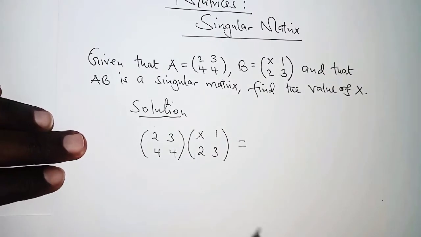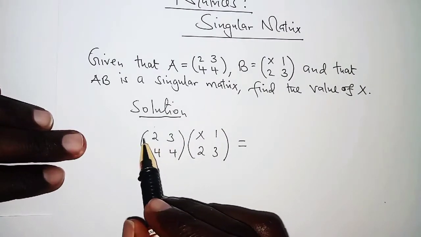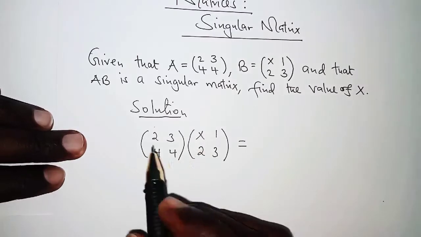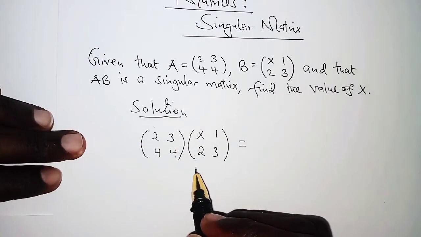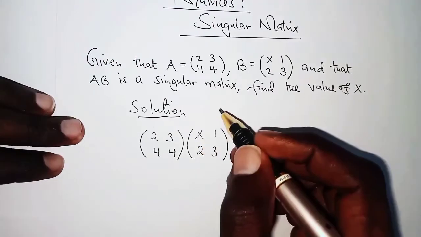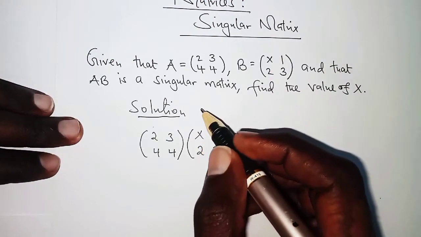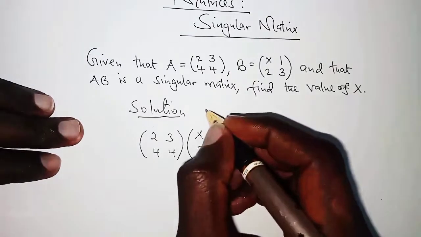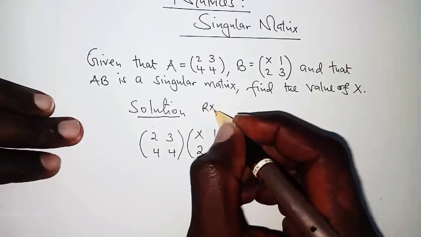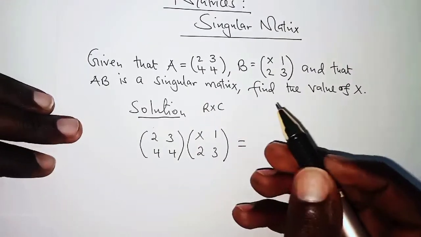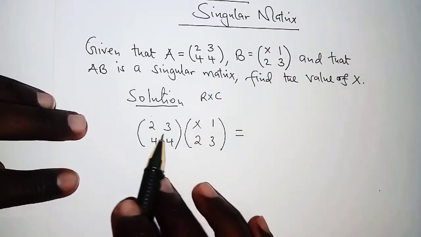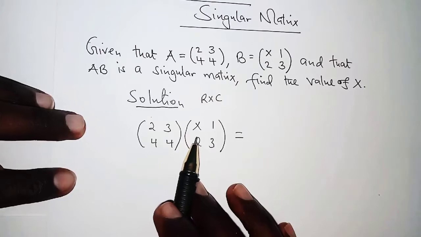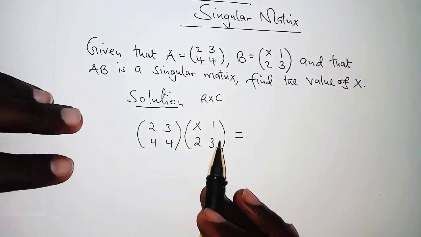In our multiplication, we multiply row of the first matrix by column of the second matrix. A student once memorized row by column as Roman Catholic. That was interesting, but whichever way you go about it, just to ensure you remember, keep to it.